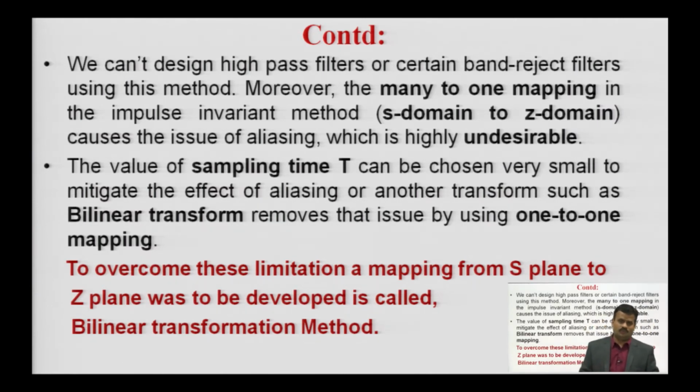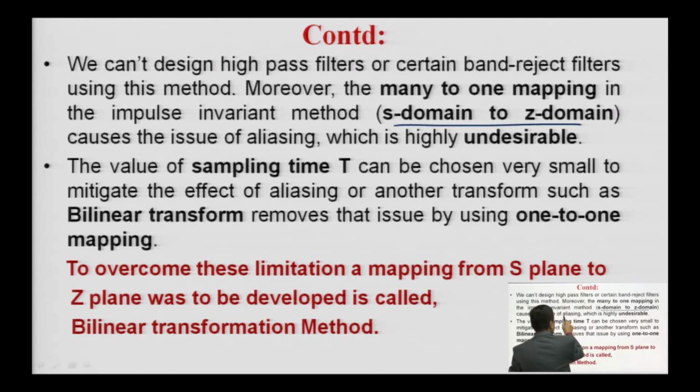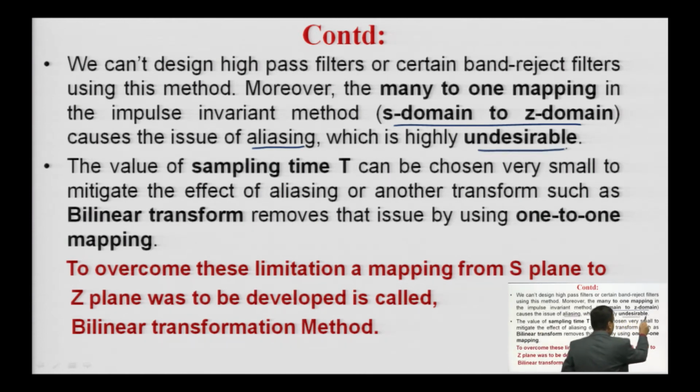Moreover, the many to one mapping in the impulse invariant method, when converting your S domain into the Z domain, causes the issue of aliasing, which is highly undesirable. So, here we are doing the mapping many into one. For what? Because you are converting all the terms from the S plane into the Z plane, but you are using mapping from many to one.